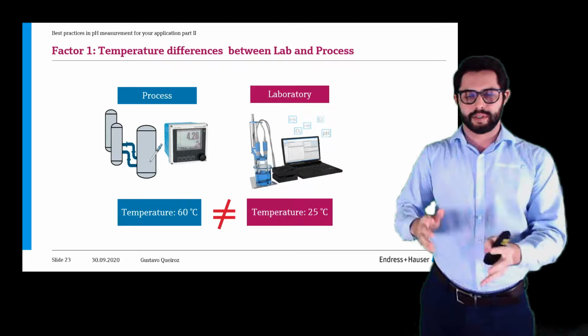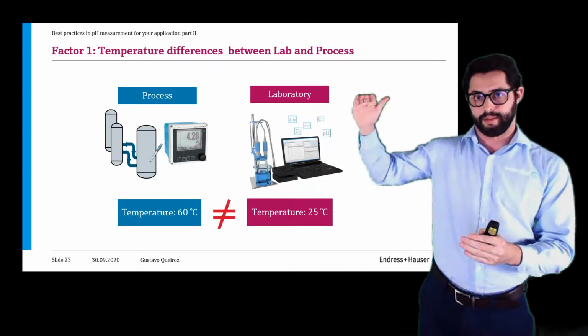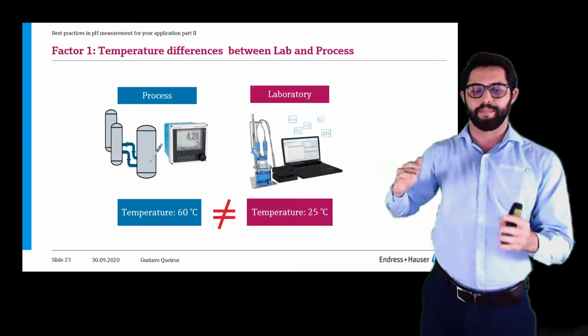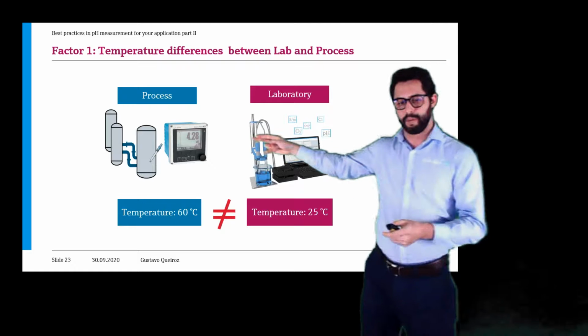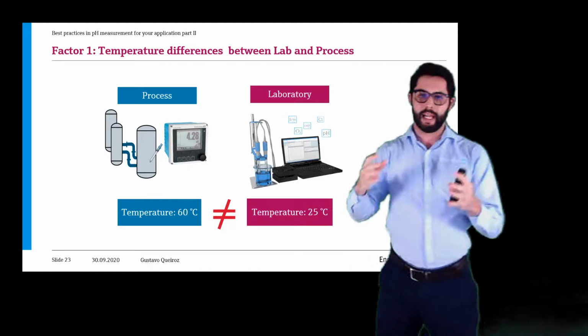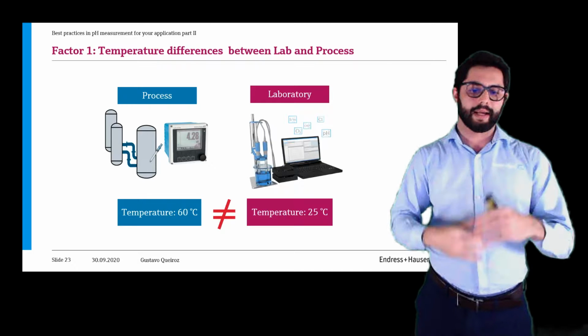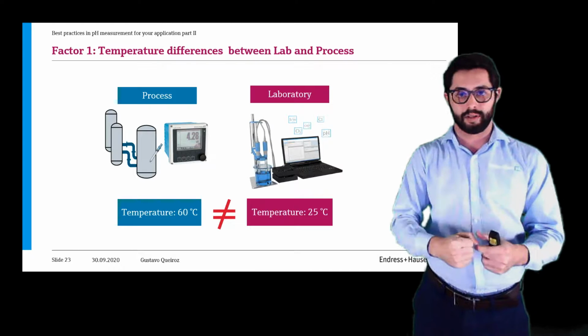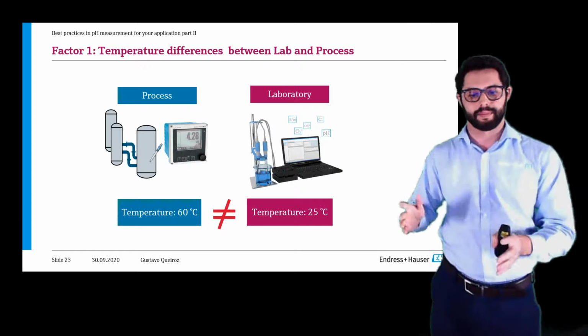The process pH electrodes will always measure the pH at the process temperature. So if you're measuring a pH at 60 degrees, the value you're seeing on the display is the pH value at 60 degrees. If you take a sample, bring it to your lab, cool it down to 25 degrees and do another measurement, you will always observe different values.